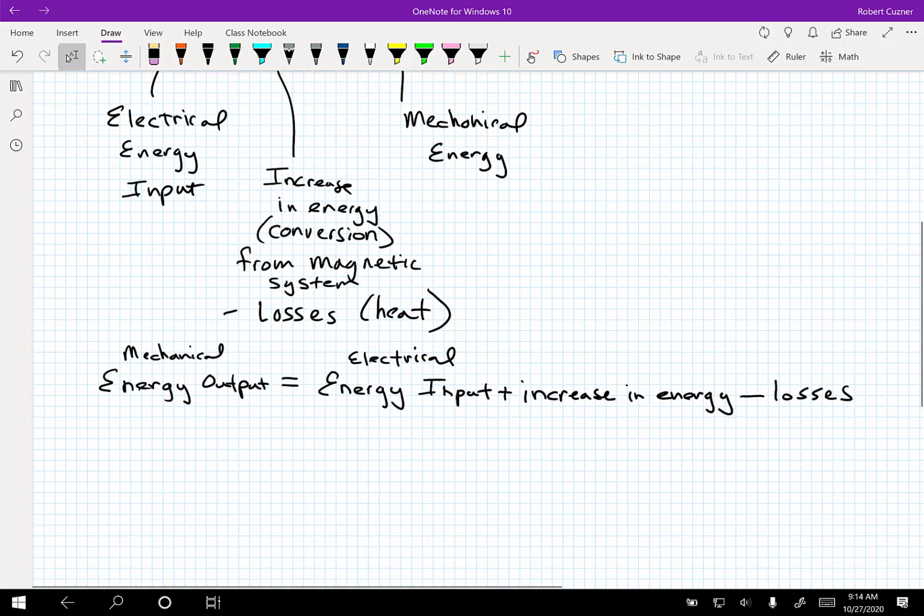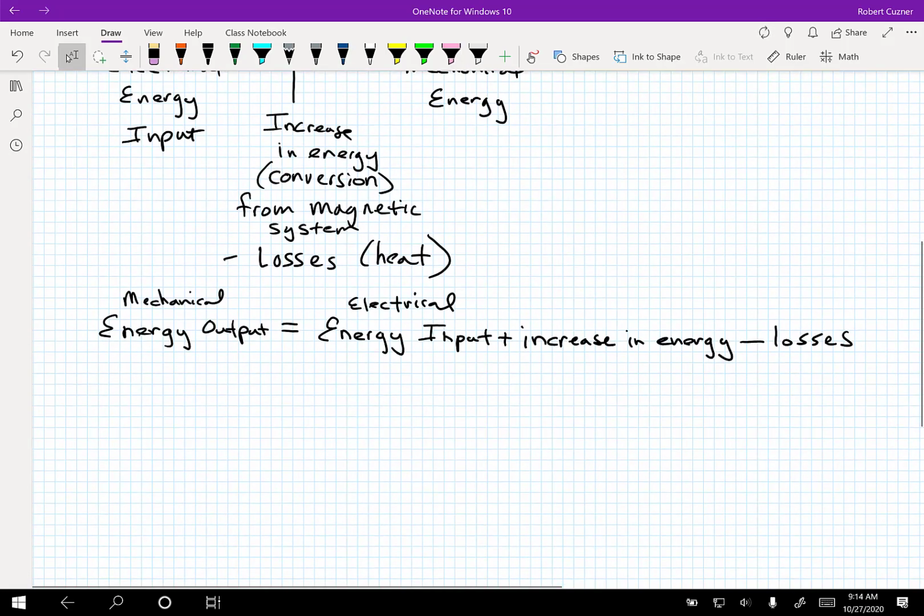And the energy on the output is the force times the position. I'm just doing the linear system.